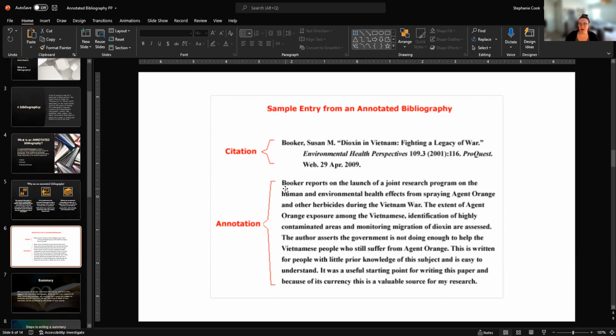Things you can see here: there are no direct quotes in the summary. There's no in-text citation, the parentheses with the page number that you would do for a different one. You don't need that because you've got the citation right here, so you know where this information is coming from. And if you were to read this, you would see there's no personal opinion here. It is all about the article. It is straight summary of what the article is saying, what the main points are, but it's in the author's own words.